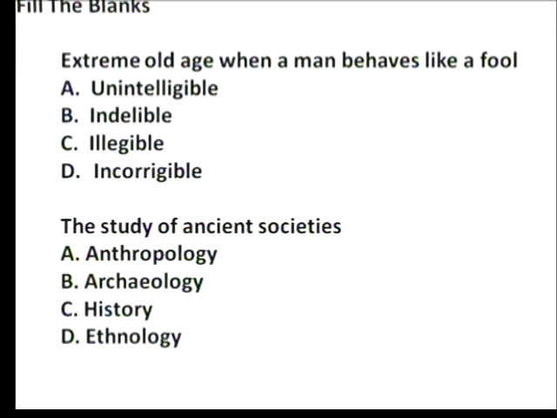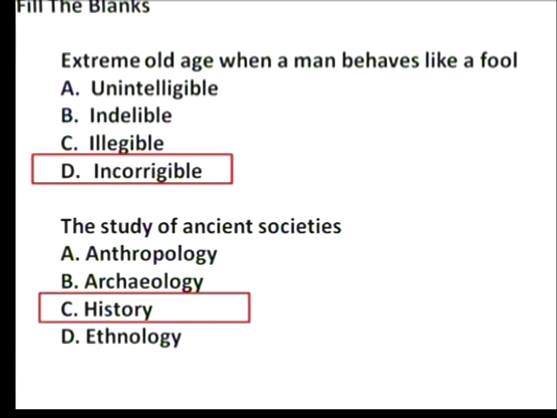Okay, here we go. Extreme old age when a man behaves like a fool. So when we have people growing very old, they lose the sense of decision making. They lose their motor senses. What do you call that person? You call that person incorrigible. So this is a synonym, antonym or one word substitute.